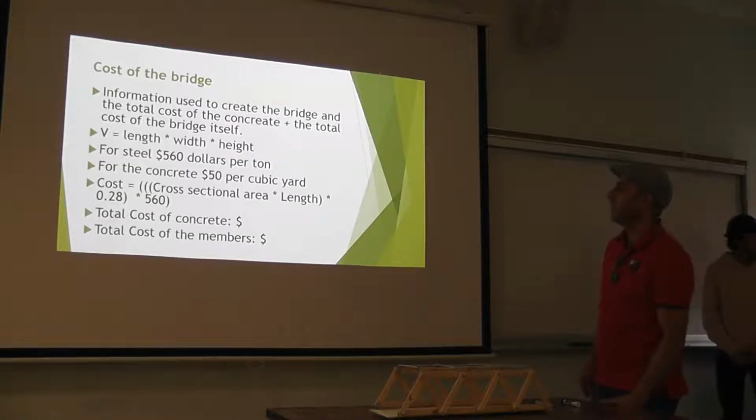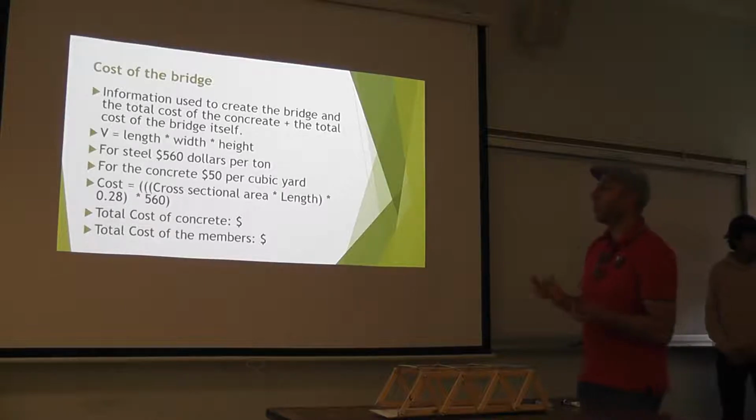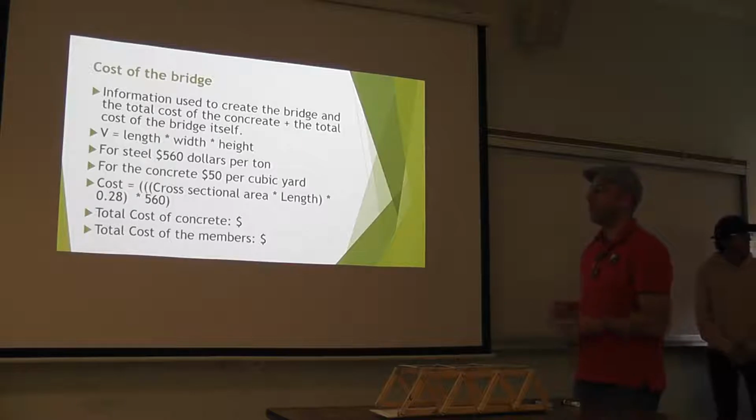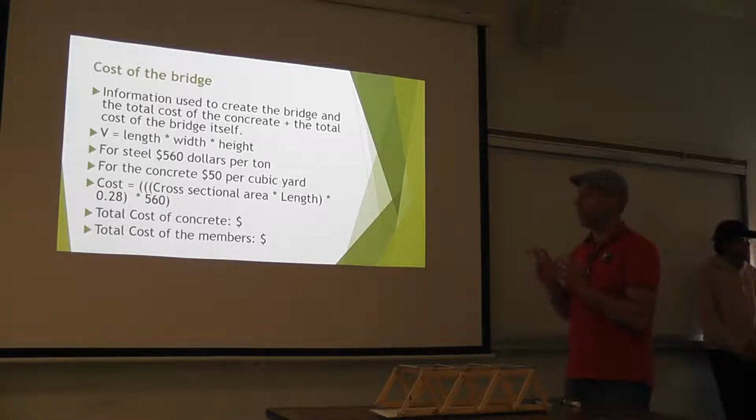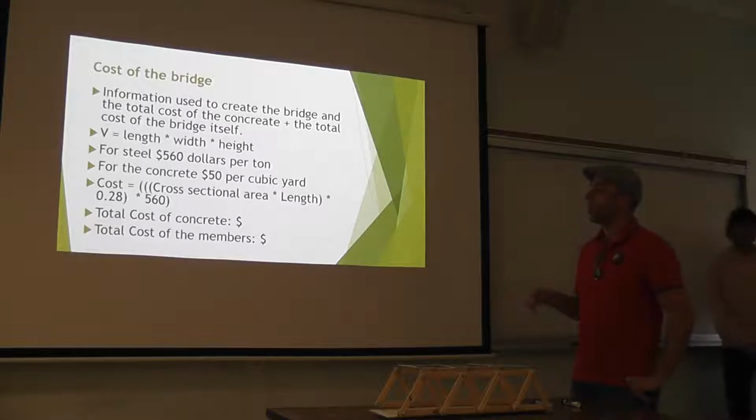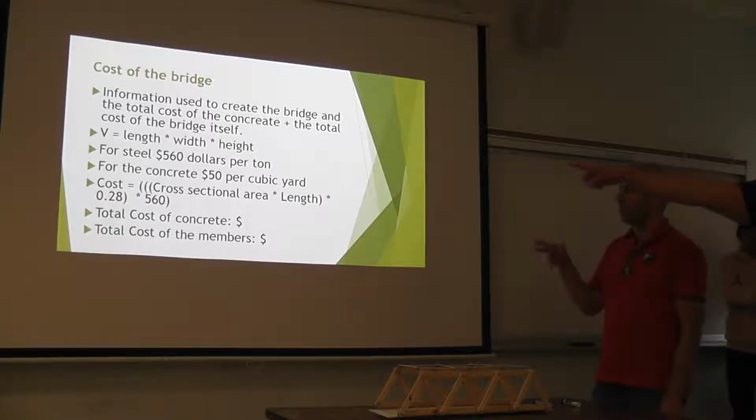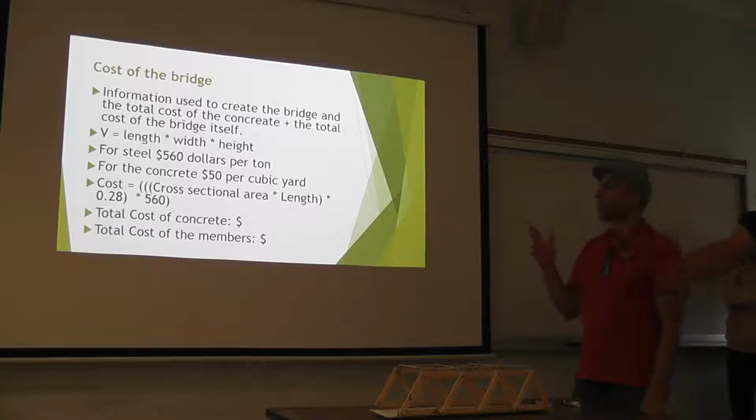And this is the cost of the bridge, how we calculate it. For example, for the concrete, we need to calculate the volume, which is the length multiplied by the width and the height, and then we multiply by the price. The price for the concrete is 50 per cubic yard.